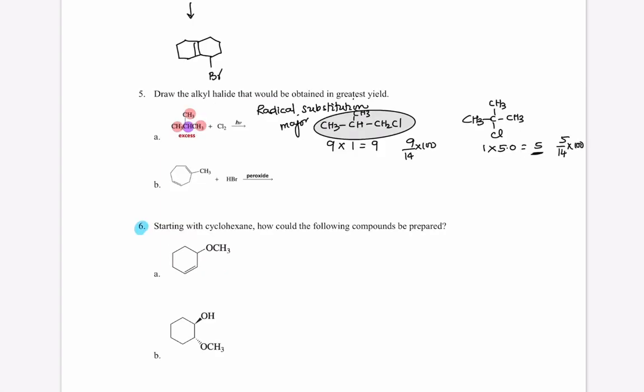For the next reaction, this is going to create the bromine radical, right? HBr in the presence of peroxide is going to create a bromine radical, and this bromine radical will get added to the double bond. Now, which of these double bonds will get the bromine radical? That is going to depend on which radical will be created, like which one of these is going to create a more stable radical.